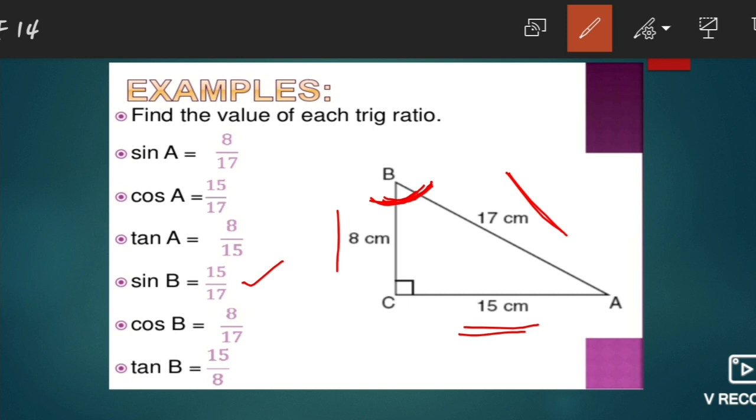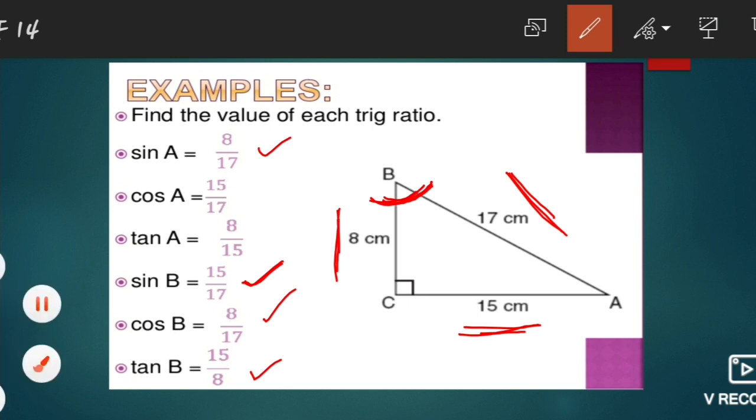Cos B, adjacent by hypotenuse, that's why 8 by 17. Tan B, opposite by adjacent, that's why 15 by 8. As you can see, look at sin A and sin B, the values are totally different. So the acute angle which you have considered is very important. When you take A as the acute angle, the value of sin A, and when you take B as the acute angle, the value of sin B become totally different. So you have to pay attention to whichever acute angle you have taken.